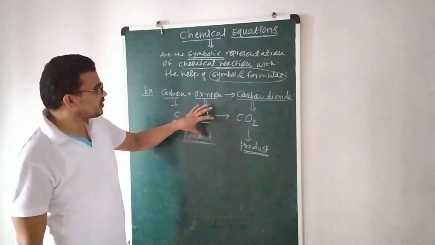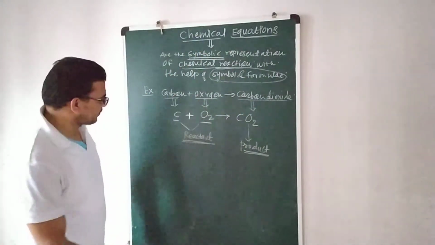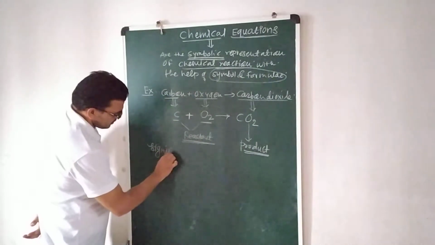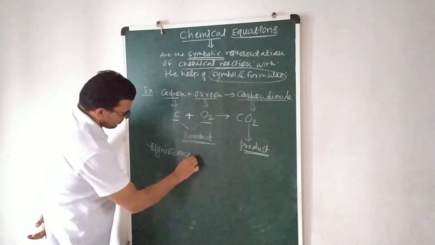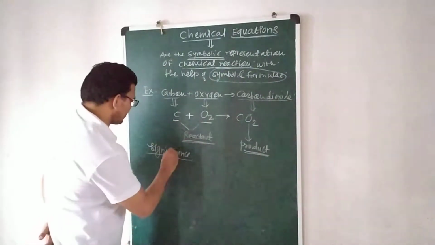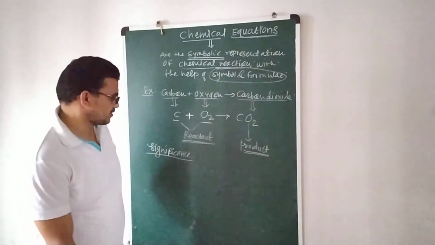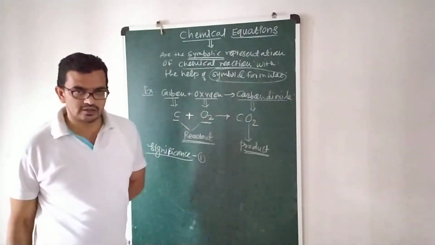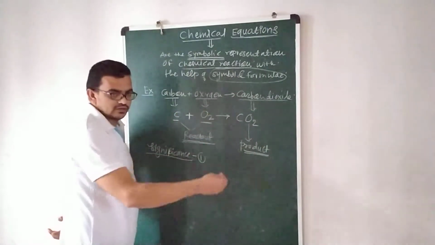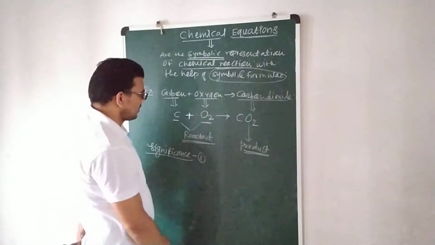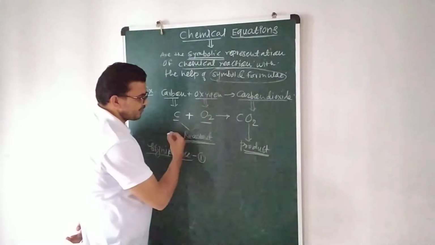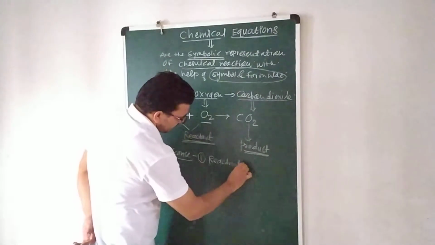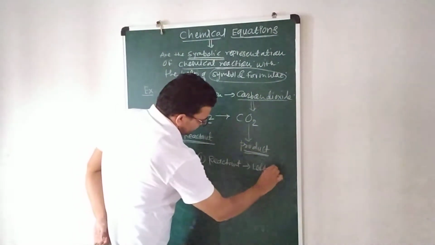Now what is the significance of chemical equations? The first significance is that in chemical equations the reactant is always on the left side of the equation.